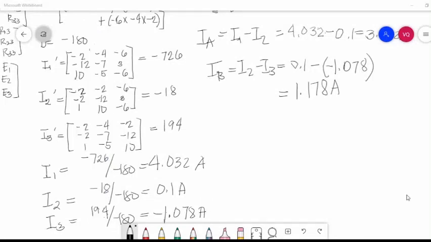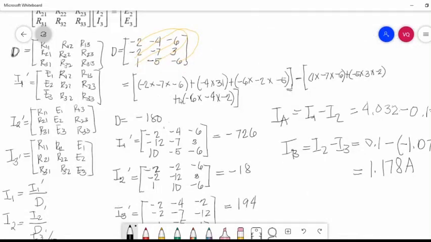In your exams and activities, you can use Cramer's rule, pero gawin nyo to. Gusto kong makita yung solution. Hindi yung basta nyo na lang ilalagay yung sagot dito. Or you can use the long method, the substitution, and the elimination. Depende sa inyo kung ano yung mas prefer nyong gamitin. Okay?